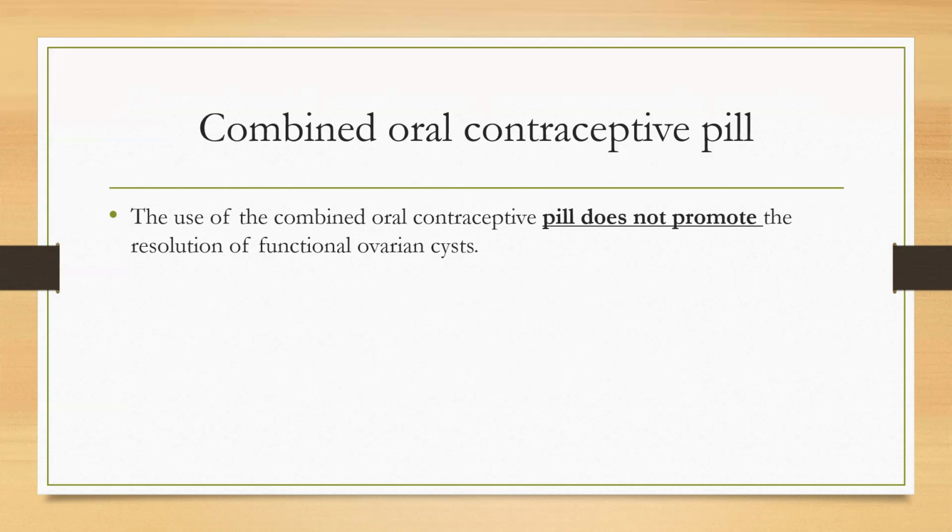And if it's a large cyst, it will not help even if you take it. The combined oral contraceptive pill can be protective if there is a risk of ovarian cancer, like in BRCA1, BRCA2, or Lynch syndrome. We can give it for prevention, as it gives small protection against ovarian carcinoma, but if there is a cyst, it cannot resolve it.